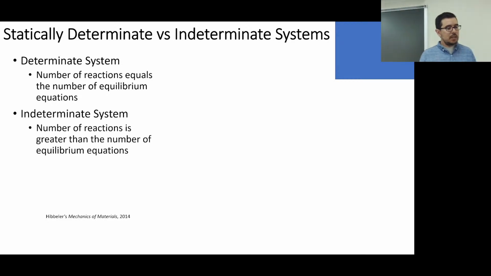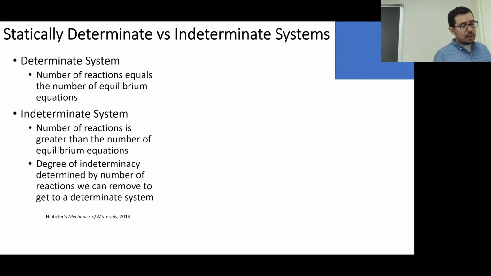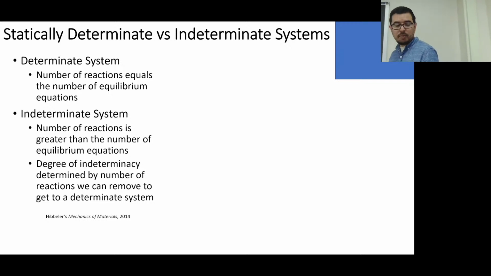An indeterminate system, the number of reactions is greater than the number of equilibrium equations. And there's a degree of indeterminacy that's determined by the number of reactions we can remove to get a determinate system. So what does that mean?